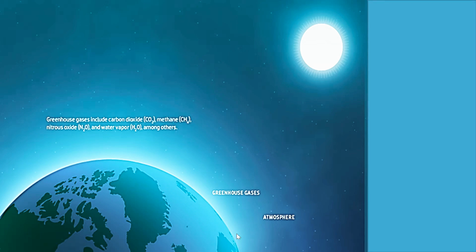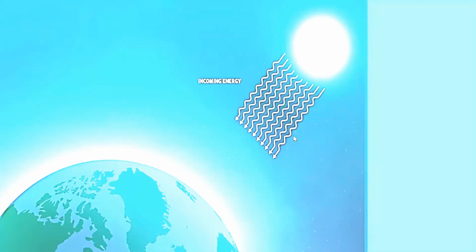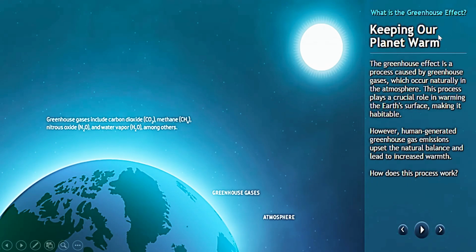But because of greenhouse gases, we still maintain our temperature at night. So, nakalagay dyan, keeping our planet warm. The greenhouse effect is a process caused by greenhouse gases which occur naturally in the atmosphere. This process plays a crucial role in warming the Earth's surface, making it habitable.